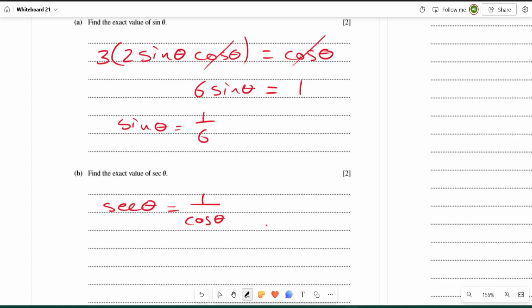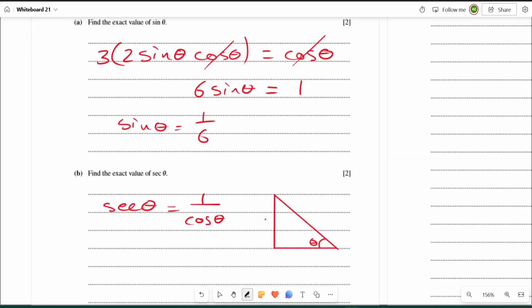So how can I find cosine theta? From the first part, I know that sine theta is 1 over 6. So if I draw a little right angle triangle over here, with this angle theta, sine theta is 1 over 6. Sine theta is opposite over hypotenuse.